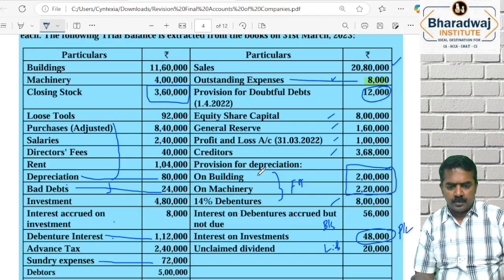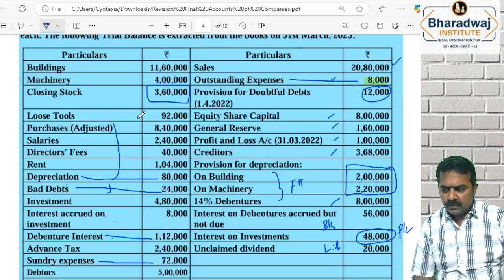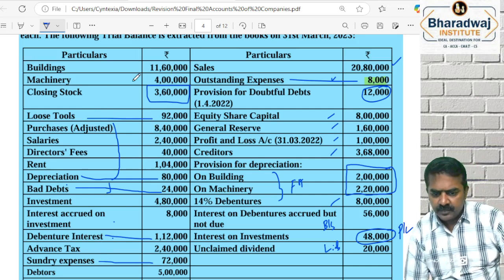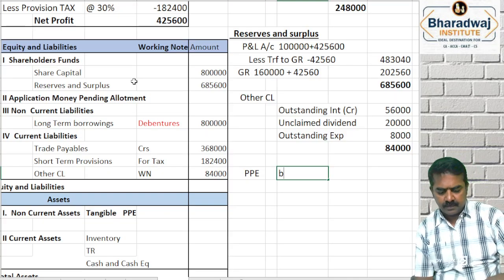Plant, property, equipment. We have loose tools, which can be included in inventory also. Alternatively, you can include in inventory also, no problem. Buildings and machinery.